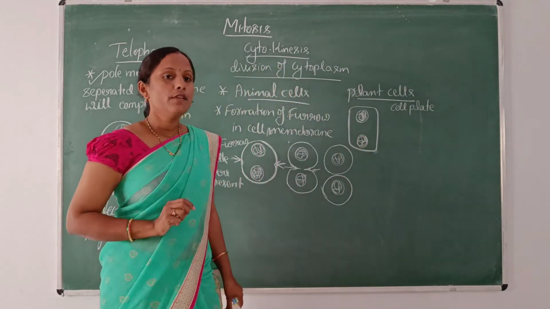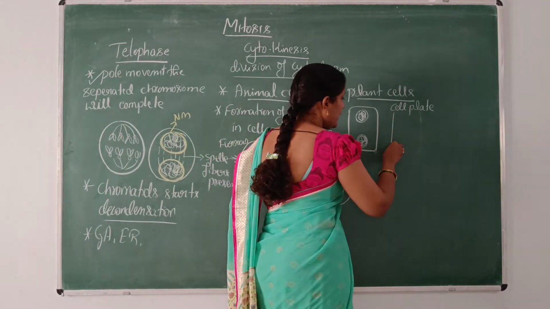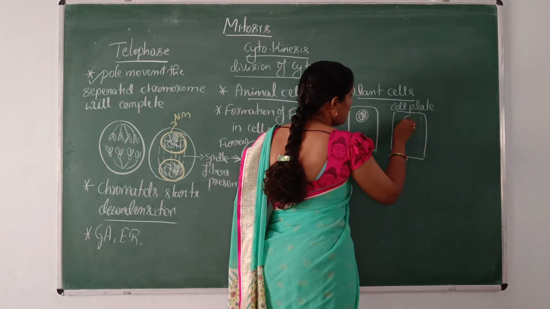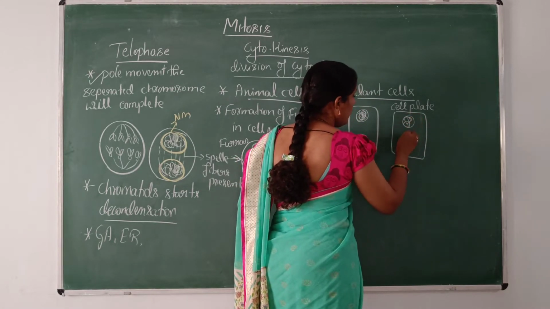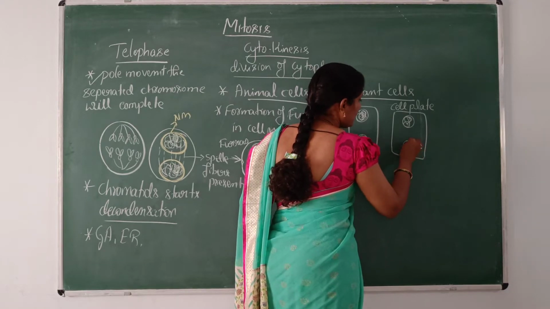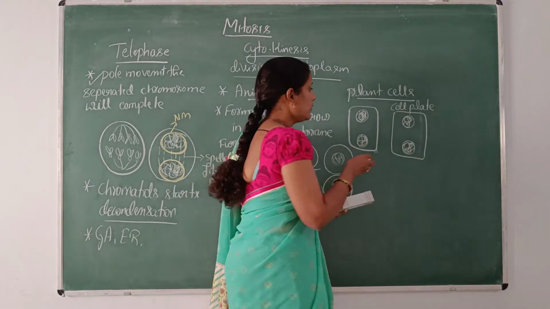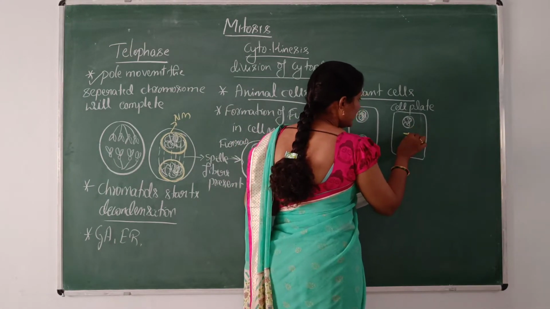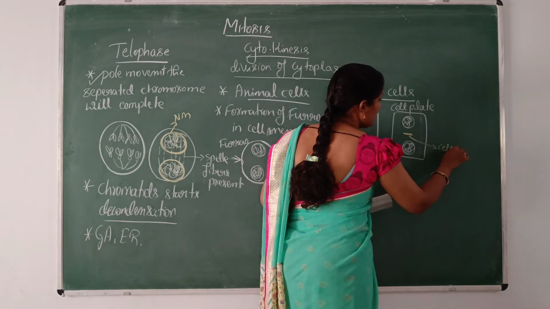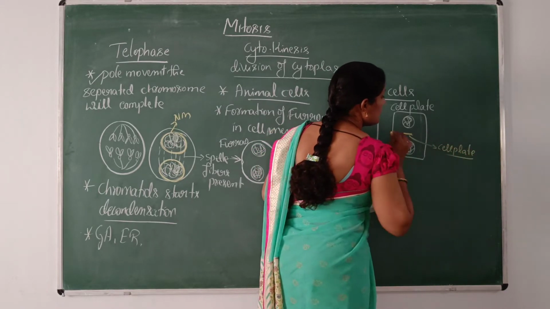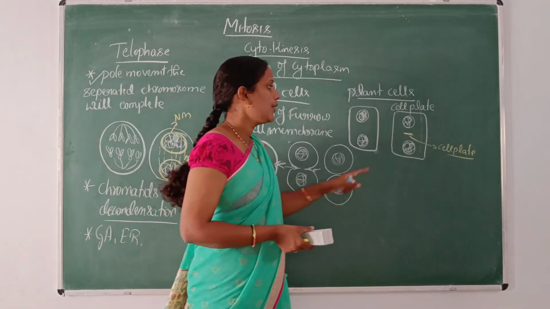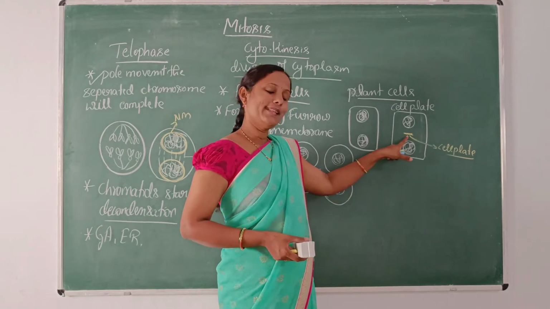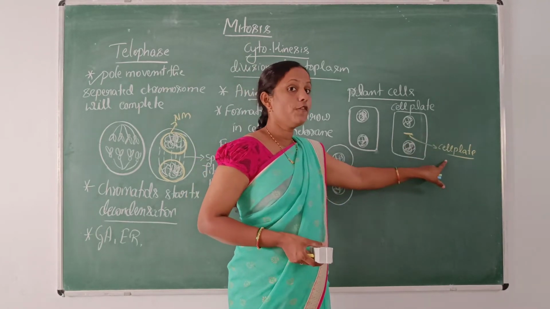During the division of cytoplasm, there is the beginning of the formation of a structure called the cell plate. Initially, in the middle, between the two nuclei, exactly at the middle of the cell, there is a formation of the cell plate.